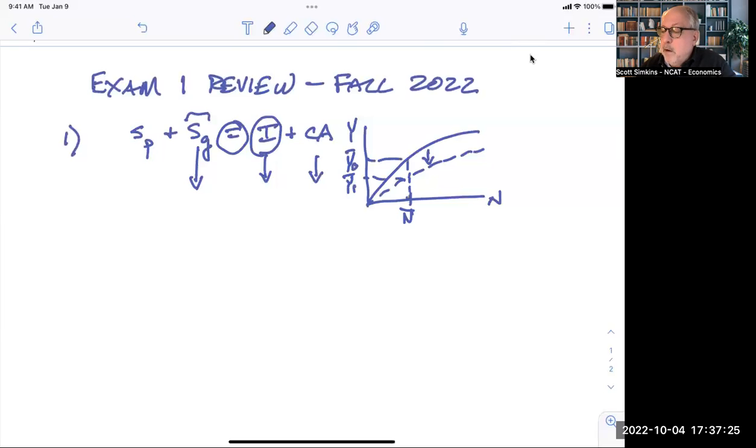We could also use the growth accounting equation here to get at this as well if we wanted to. Okay, so the second part of that question says, what could keep this negative impact of increased budget deficits from happening? And describe two possibilities.